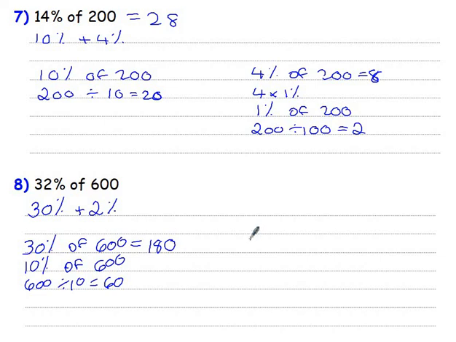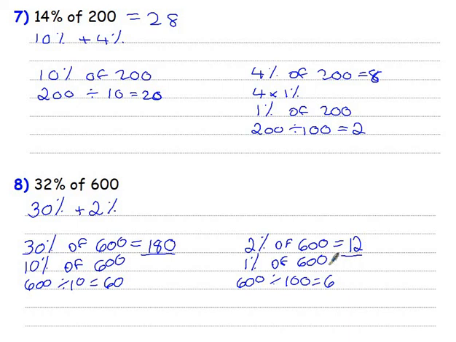And then we need to find 2%. So 2% of 600, well 1% of 600 we need to do first. So we do 600 divided by 100 is 6. So 1% is 6. That means 2%, 2 times 6 is 12. So 30% is 180, 2% is 12. Add them together, 180 add 12 is 192.